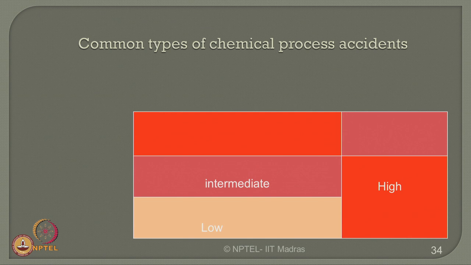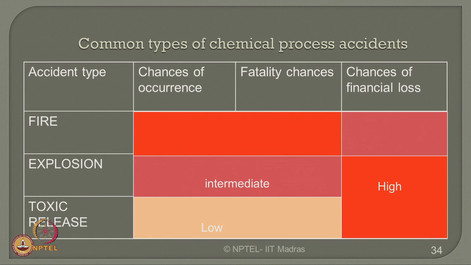When we look at the common types of chemical process accidents and categorize them, look at the accident types as fire, explosion and toxic release. If you look at the chance of occurrence, fatality chances and chance of financial loss, for a toxic release and explosion, the financial loss is very high, whereas the fatality is only intermediate and low.